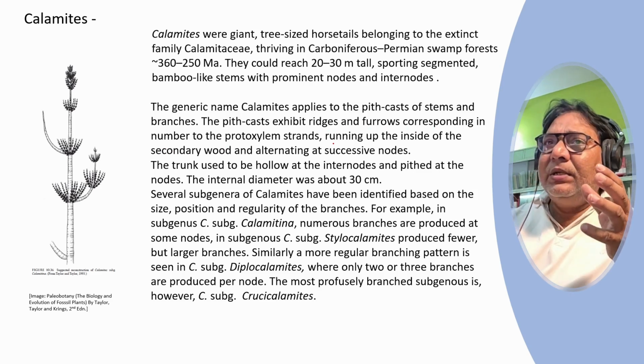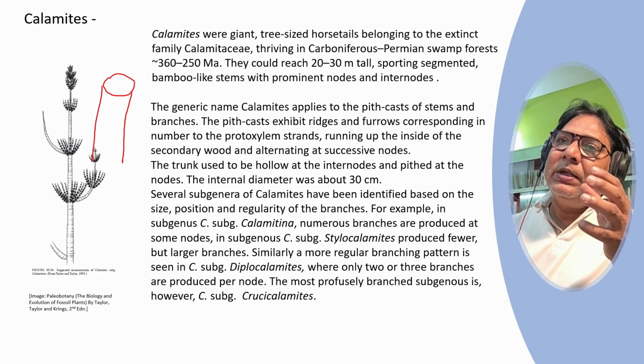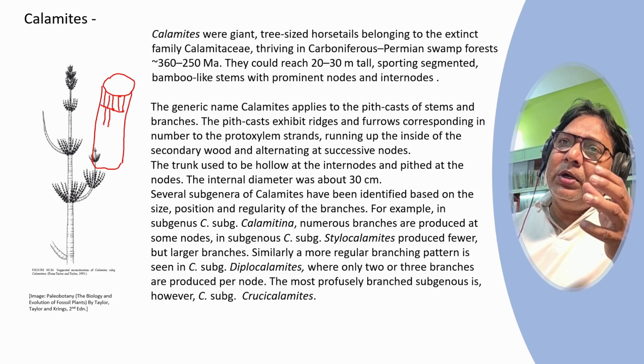What is this? Ridges and furrows means, suppose this is the cast, this piece of cast. On the cast you see that there are some ridge-like areas, some valley-like areas. And this is the node. At the node, they used to be alternate. I mean, the furrow becomes the ridge and the ridge becomes the furrow.